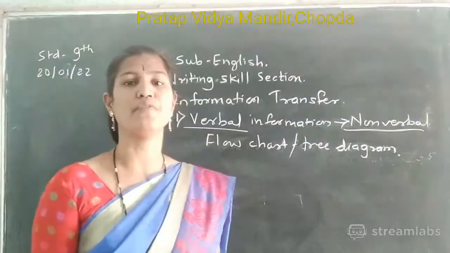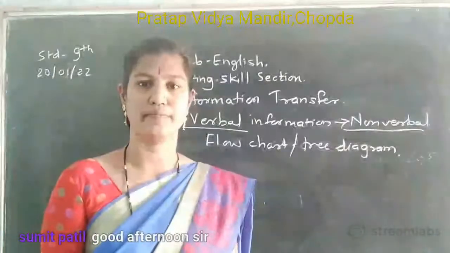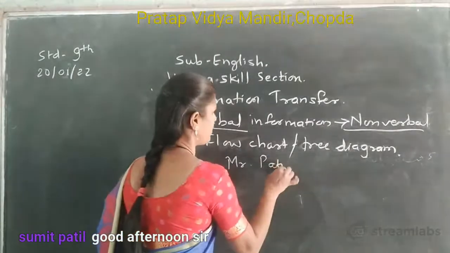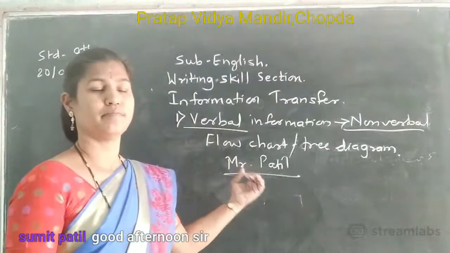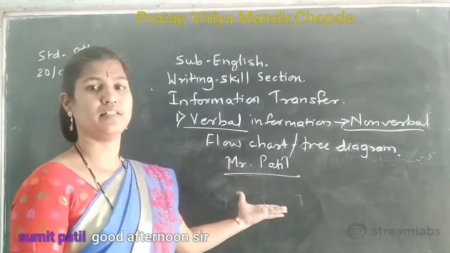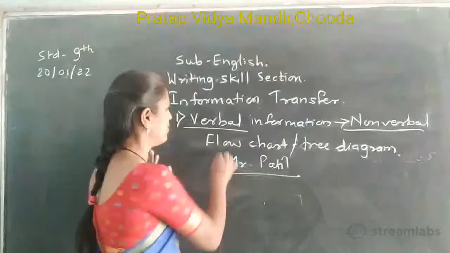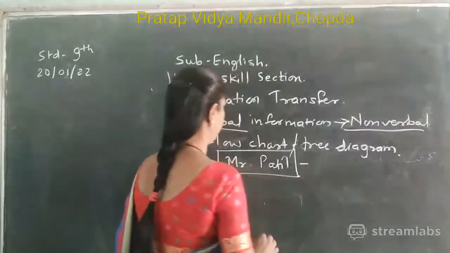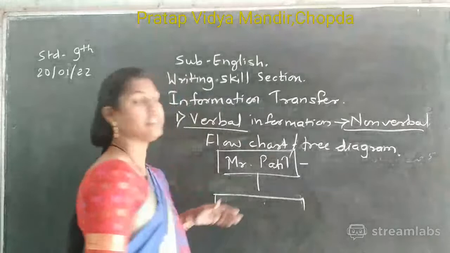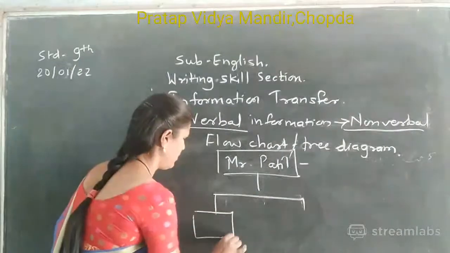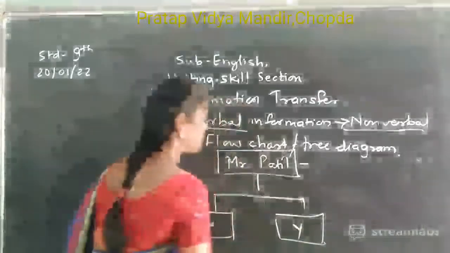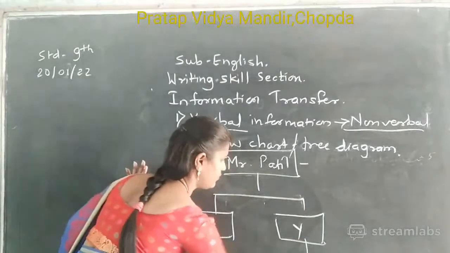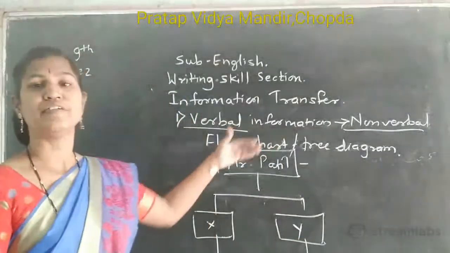For example, if you have to tell the information about your own family, say Mr. Patil, you will write the name of the head of the family, then their children, X, then Y, then their spouse, again their children.